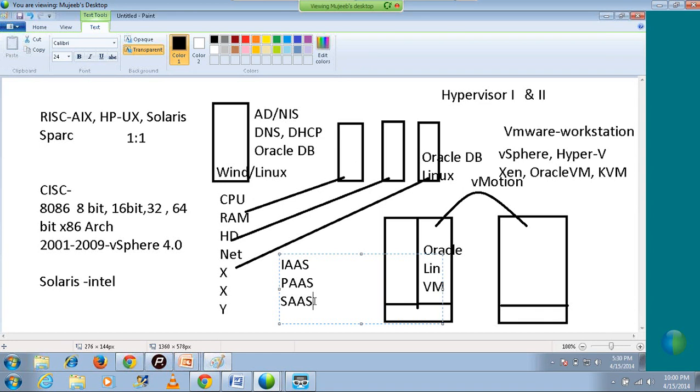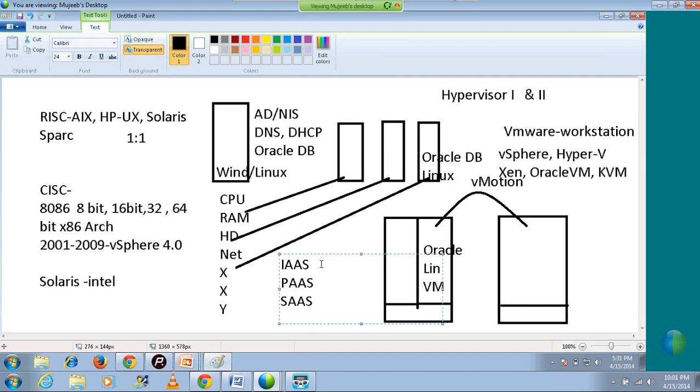However, if I keep SaaS aside, IaaS, infrastructure as a service, and PaaS, platform as a service, these two cloud computing services are not possible without virtualization. So the foundation for cloud computing services like IaaS and PaaS is virtualization, and the driving force for cloud computing is virtualization. So if someone is talking about cloud computing, then they are indirectly talking about virtualization because cloud computing cannot exist without virtualization.